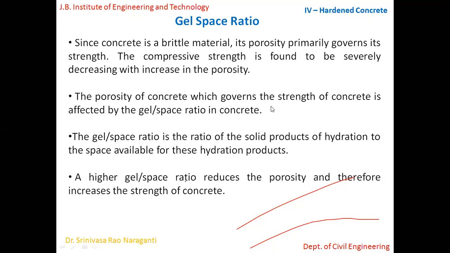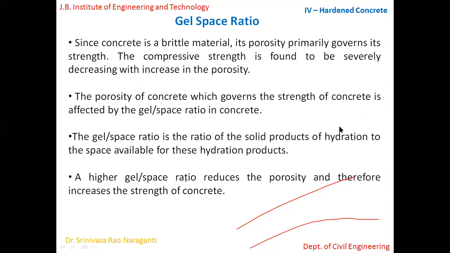Porosity of the concrete, which governs the strength of the concrete, is affected by gel space ratio. That means there is a direct relation between your porosity and gel space. The moment you get more porosity, then concrete strength will be going down. So gel space ratio is a ratio between the solid products of hydration.